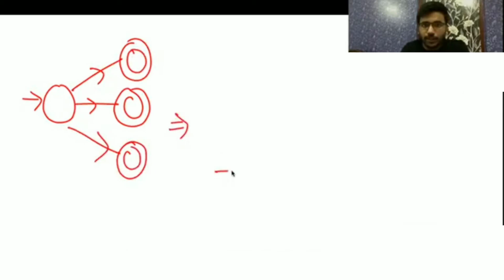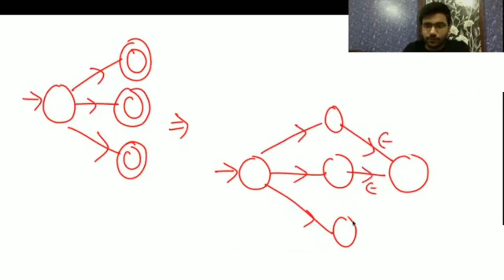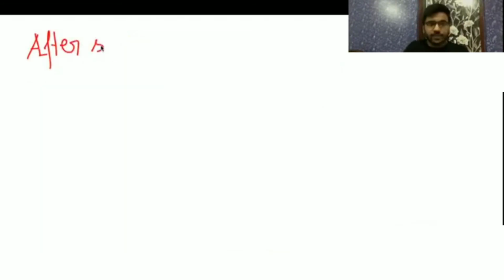Just create a new final state and make all previous finals as non-final, and from all the previous ones by only getting epsilon they reach the new final. That is, you have to convert like this. Am I clear?